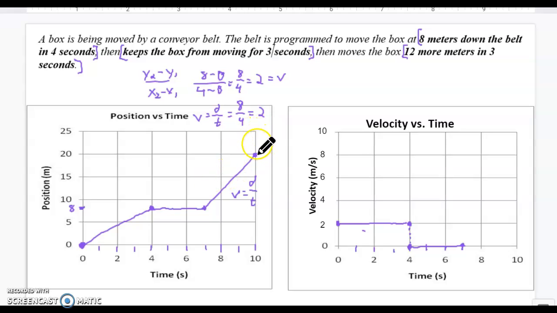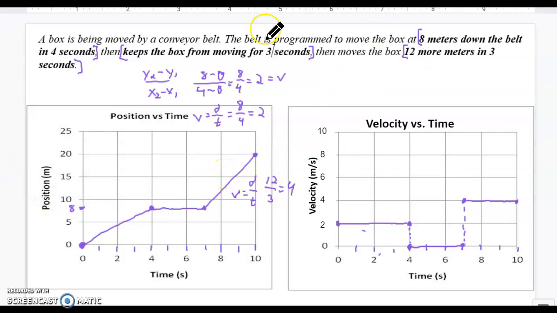So it's not 20 for the distance. It only moved 12 meters. So you could use it from the graph, or you could use it from the description. 12 meters in 3 seconds. If I divide them, I get 4. And that's the velocity for that section. So from where I left off, velocity is 4, and it happens for 1, 2, 3 seconds. And I connect them. And that's how we draw this type of graph.